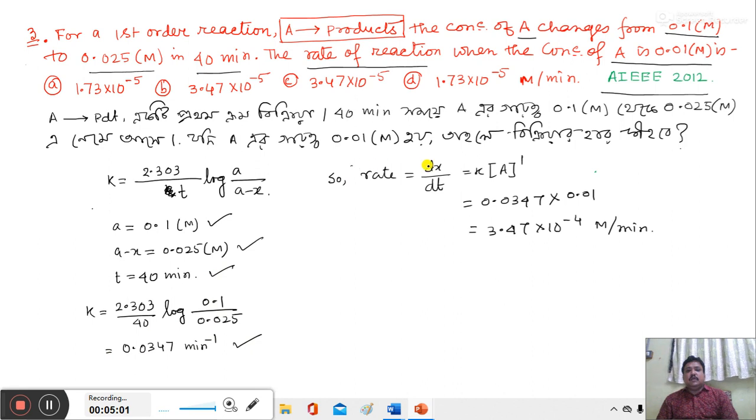We know rate is equal to dx/dt is equal to k into molar concentration of A to the power 1 for first order reaction. Putting the values of k and A is 0.01, so rate dx/dt is equal to 3.47 into 10 to the minus 4 mole per minute. So option B is the right one, which is 3.47 into 10 to the minus 4.